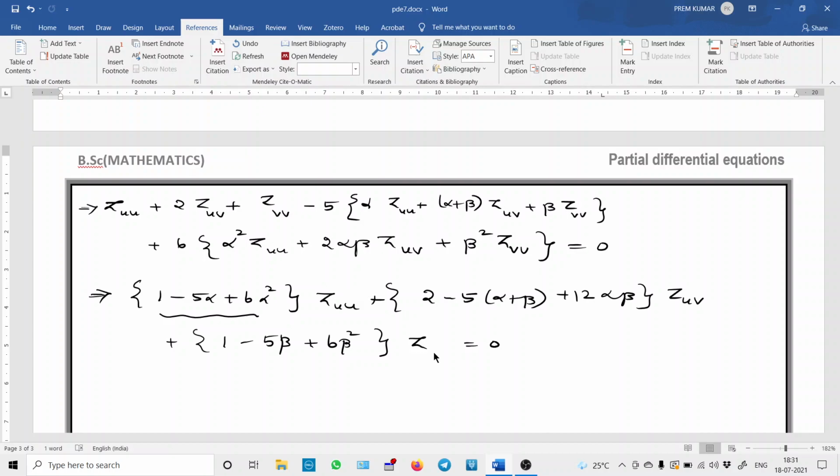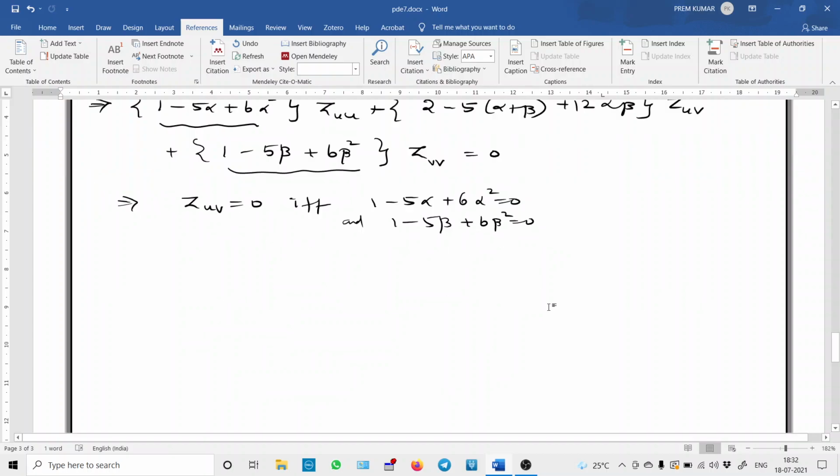These two things must be equal to 0, which implies Z UV equals 0 if and only if these two terms, 1 minus 5 alpha plus 6 alpha square and 1 minus 5 beta plus 6 beta square, are equal to 0.